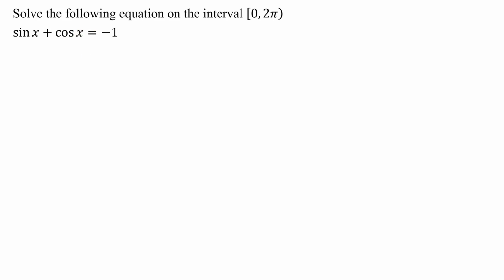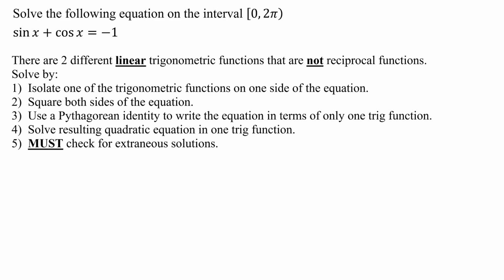So here are the steps for solving this type of equation where there are two different linear trig functions that are not reciprocal functions. Are these two reciprocal functions? No. The way we solve these equations, step 1, we isolate one of the trig functions on one side of the equation.